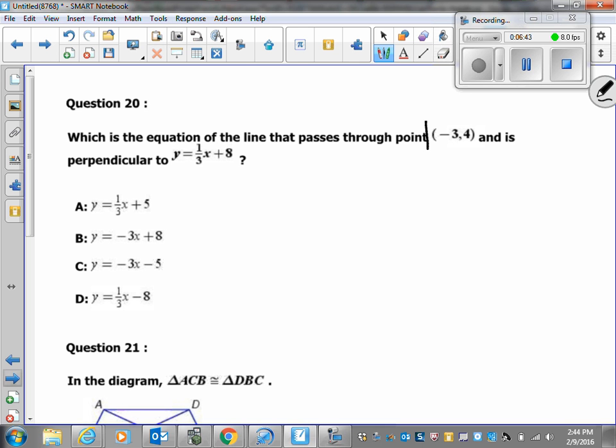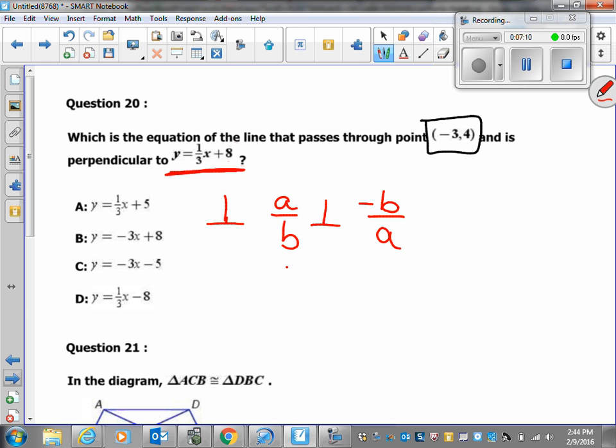So this is my point I'm going to start with, and my line is going to be perpendicular to this equation. If you guys remember from Unit 3, parallel lines have the same slope, but for perpendicular lines, the slope is going to be a negative reciprocal.